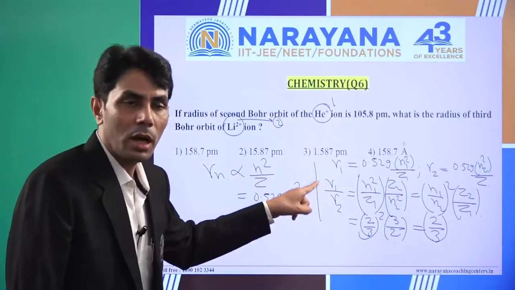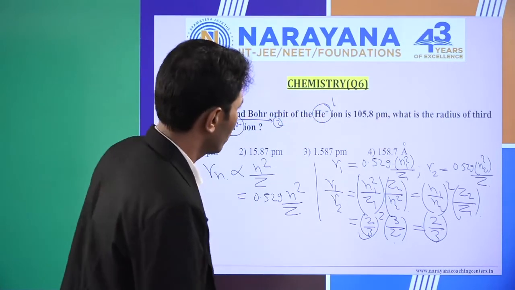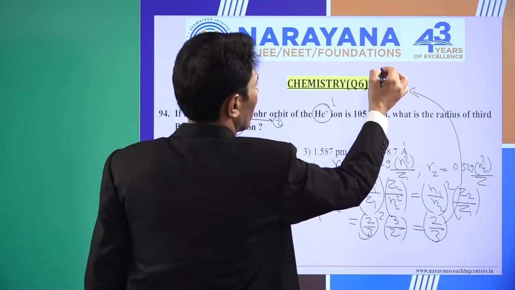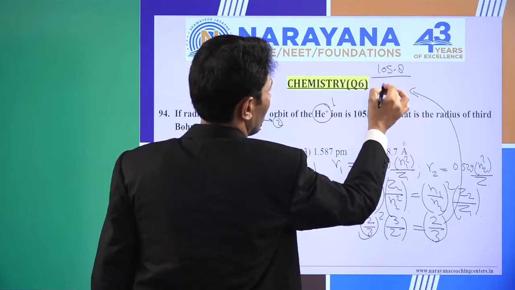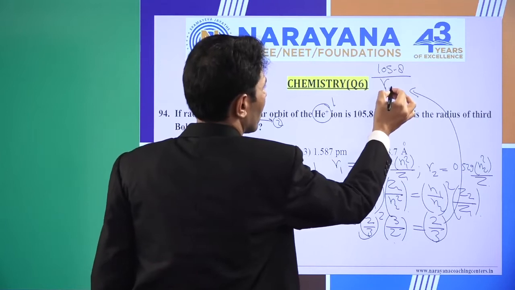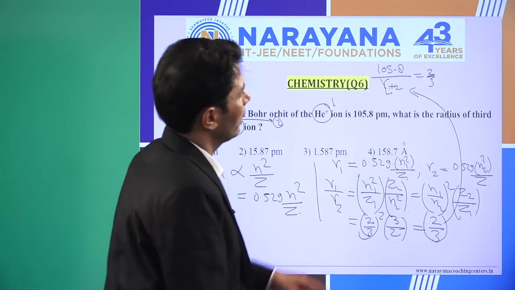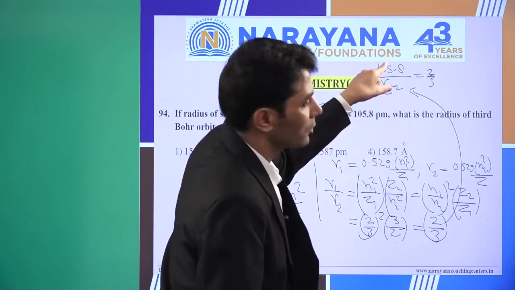What is R1? R1 is the radius of helium ion. It means it is 105.8. So 105.8 divided by R2, the radius for Li plus 2 ion, is equal to 2 by 3. So R of lithium must be equal to 3 by 2 times of this value.